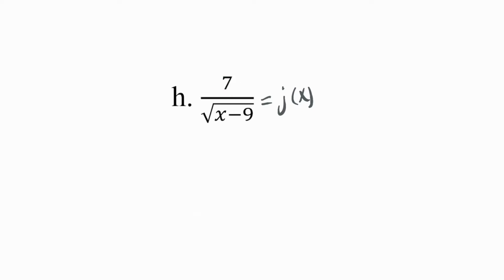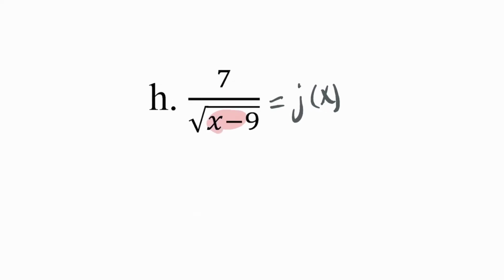In the denominator, though, we got something to think about. The radicand can't be negative. We have an even root, right? Can't be less than 0. But also, since we're dividing by the radical, can't be 0 either.